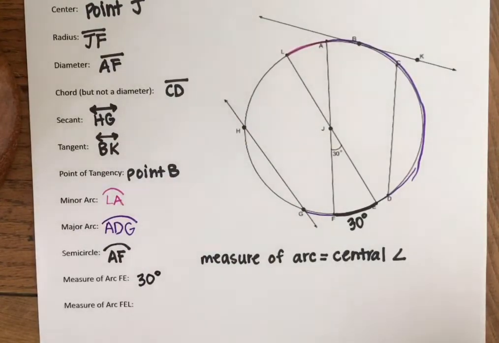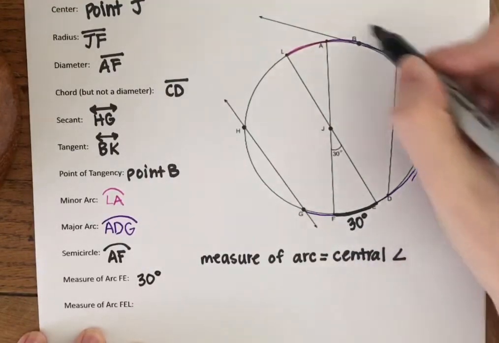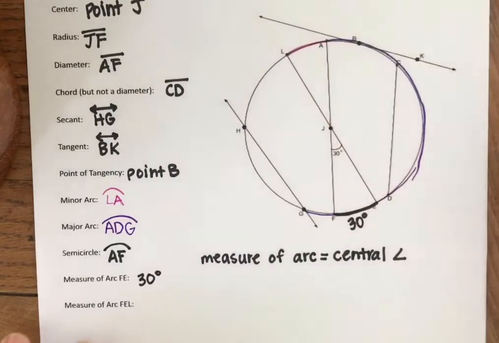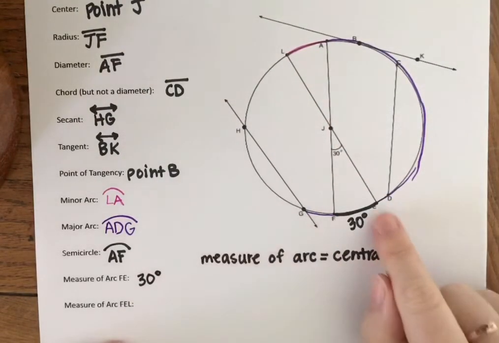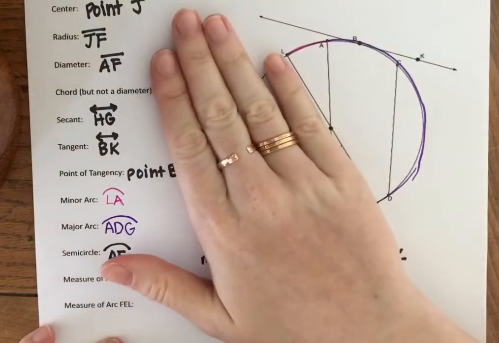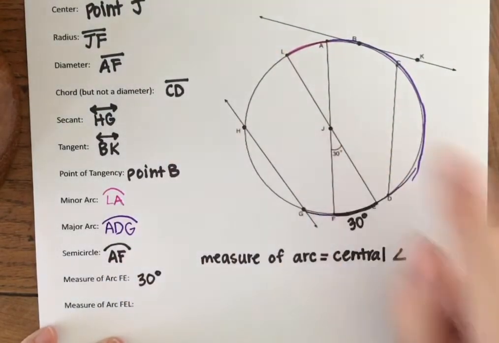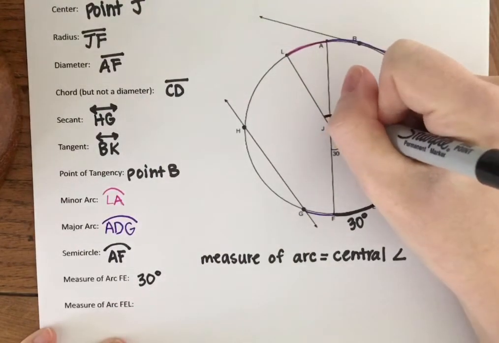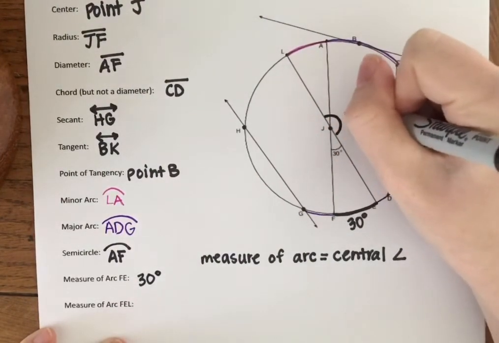okay? All right, and then the measure of arc FEL. So all the way from here to here, okay? So if I look at my picture just from E to L, that is halfway around my circle. Okay, so that central angle right here, this entire thing here, would be 180 degrees.